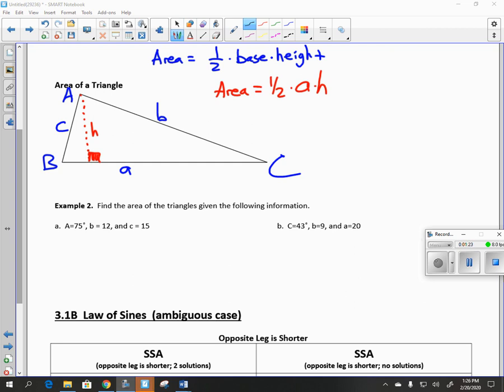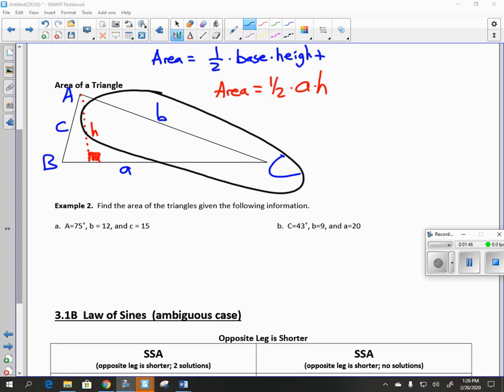Can anybody here think of a trig function that deals with these three things right there? Sine, cosine, or tangent? If I'm looking at angle C, is H the opposite, adjacent, or hypotenuse?